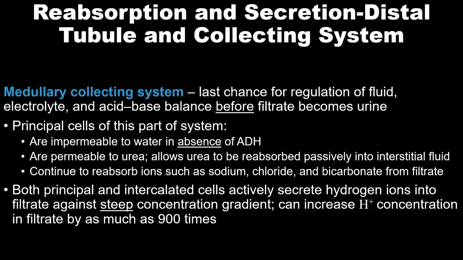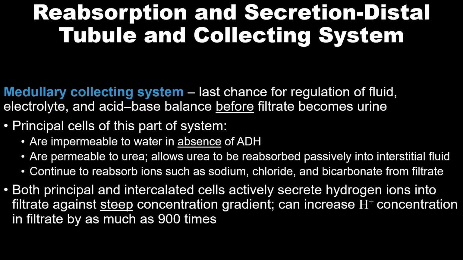They are permeable to urea, which allows some urea to move down its concentration gradient back into the interstitial fluid. And these principal cells can continue to reabsorb ions like sodium chloride and bicarbonate from the filtrate. In addition to this, both the principal cells and the intercalated cells in this region actively secrete hydrogen ions from the interstitial fluid into the filtrate against a very high concentration gradient.